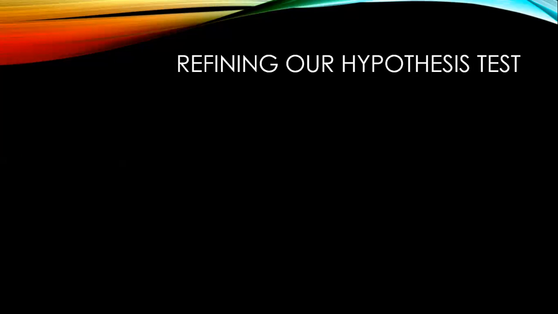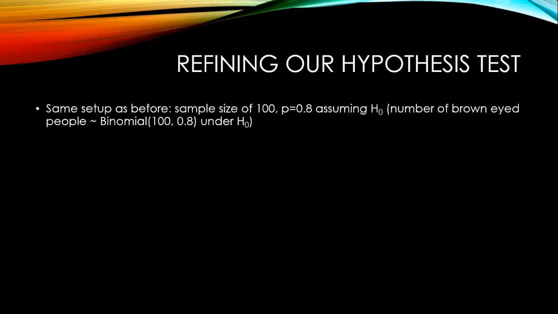So how are we going to refine our hypothesis test? We're going to have the same setup as before. We're going to take a sample size of 100 people. The probability of success is 0.8, an 80% chance, assuming H naught, assuming that 80% of people in the town have brown eyes. So under the null hypothesis, the number of brown-eyed people in our sample is a binomial distribution, with 100 trials and a fixed probability of success of 0.8.